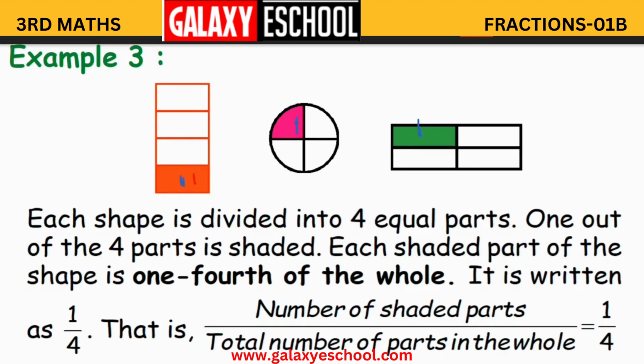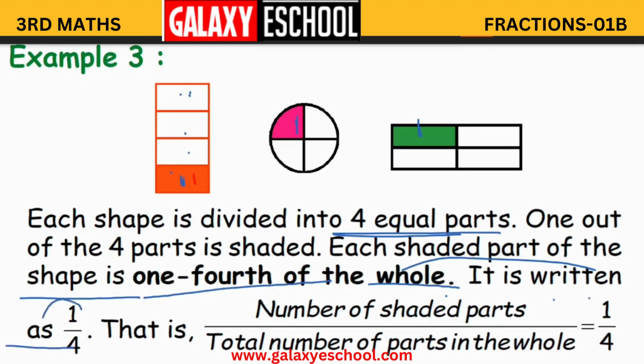See, what do you say? The whole is divided into 4 equal parts. Yes or no? So each shaded part of the shape is 1/4 of the whole. It is written as 1 by 4.